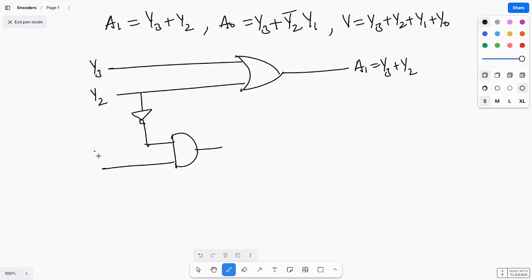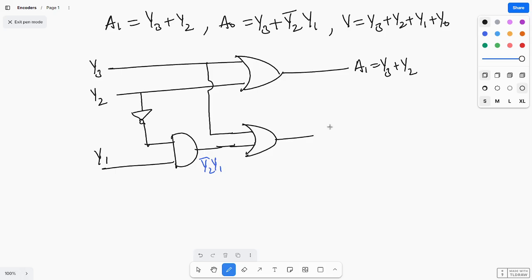And you take y3 as an input, and this is given to an OR gate. Here you will get y2 bar y1.